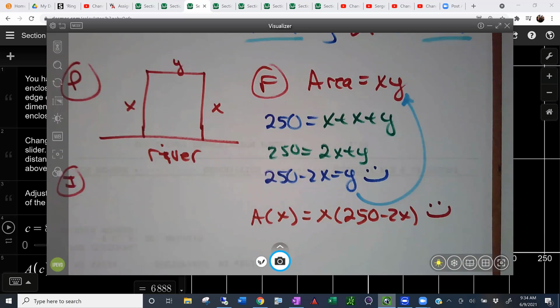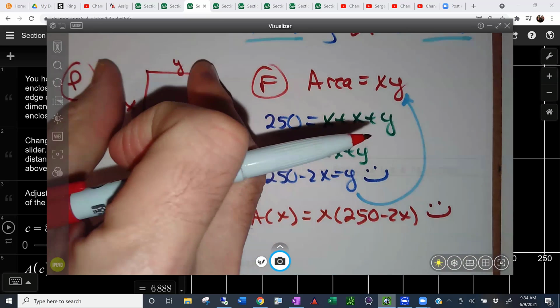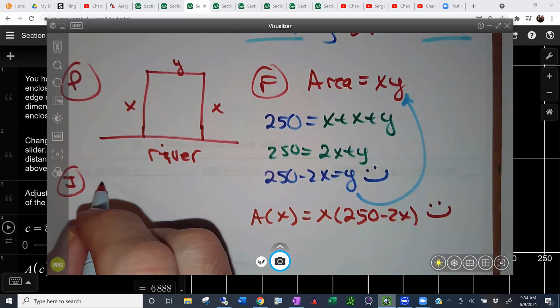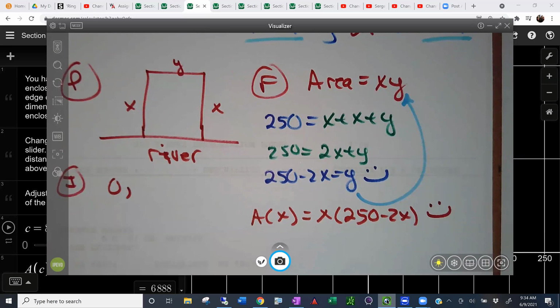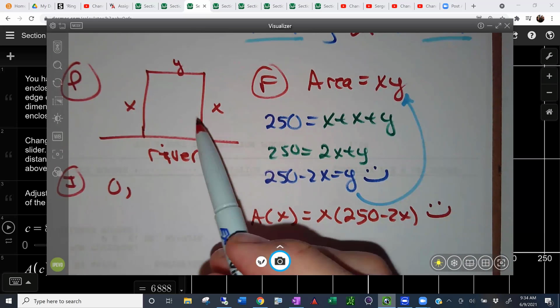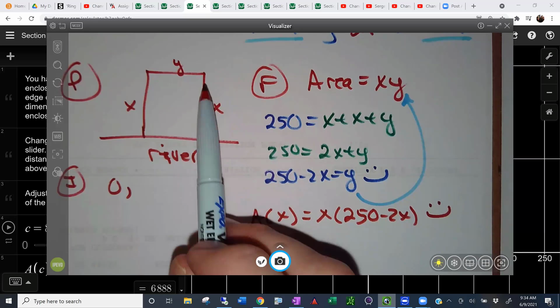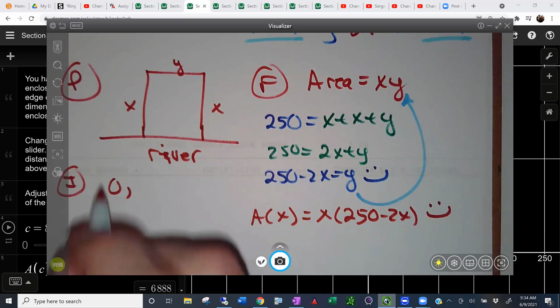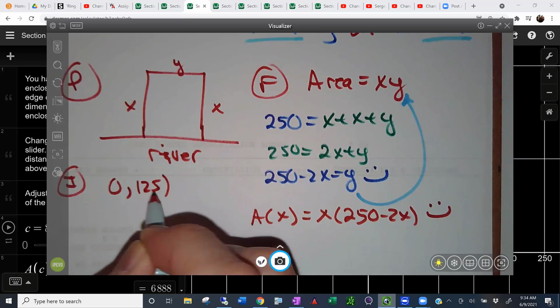Now, on one extreme, I could put nothing in the Y direction and all of it in the X direction. So that'd be an extreme of 0. In one direction I could go as low as 0, and the other direction I can go as high as 125.